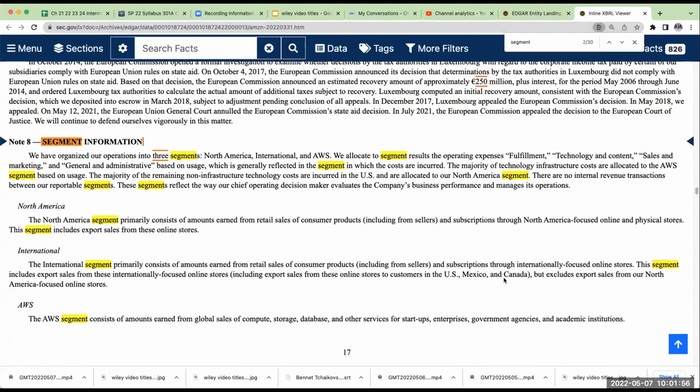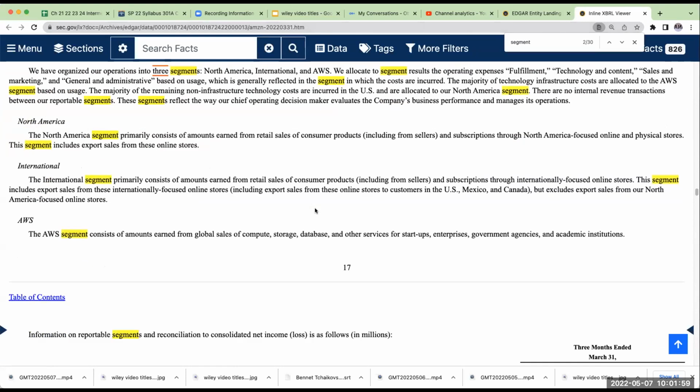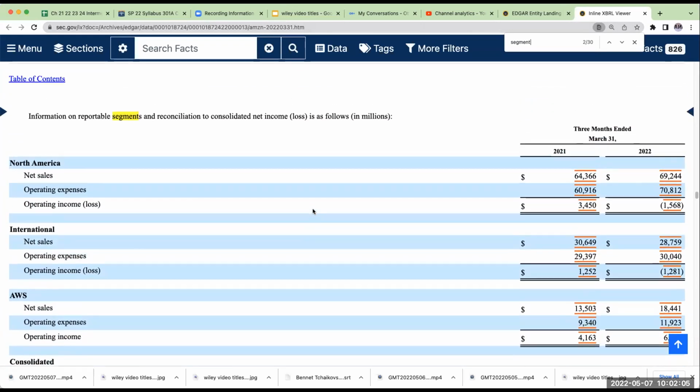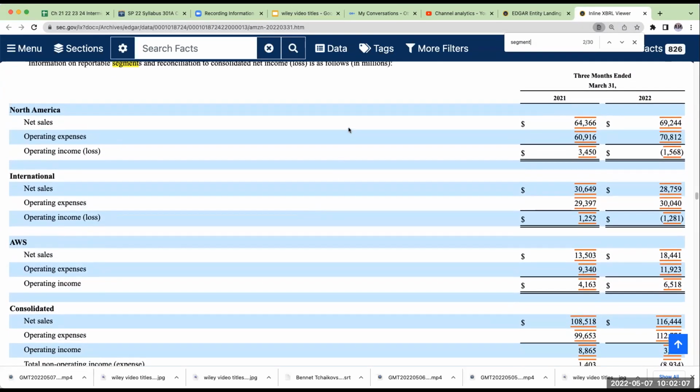Here they have North America, International, and Amazon Web Services, for 2022 versus 2021.